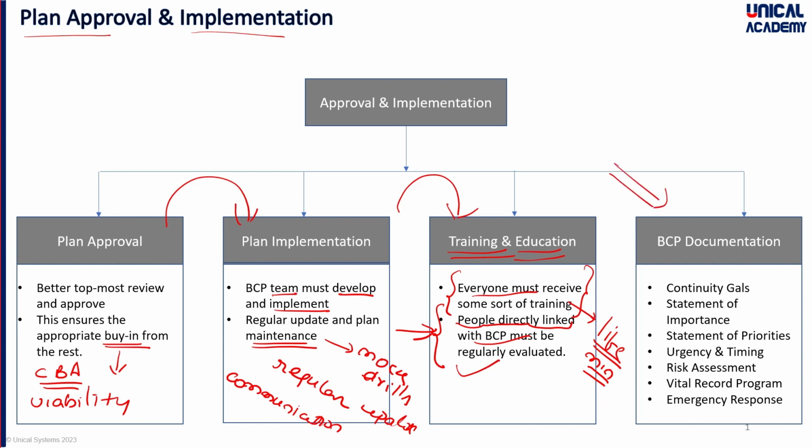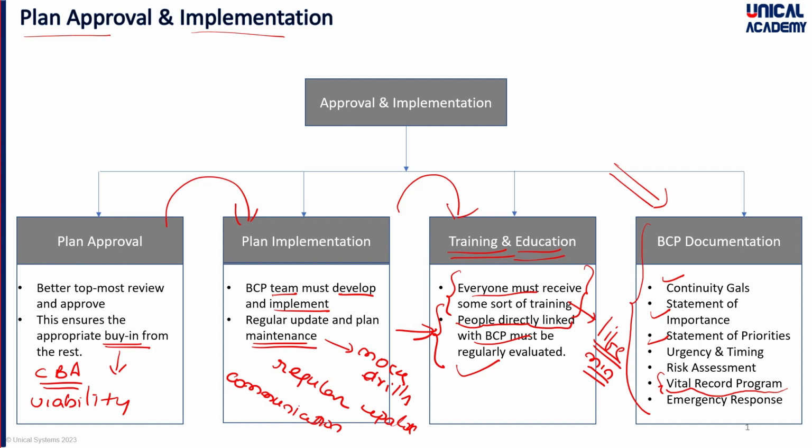Fourth aspect, the essential documentation for BCP: goals, importance, urgency. This is the critical aspect. Vital record program is something I want to highlight specifically.